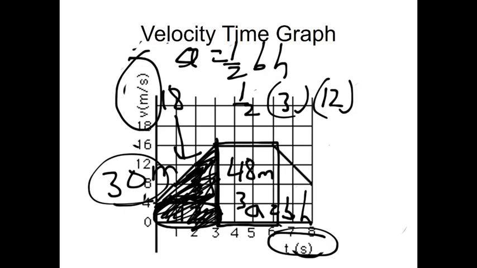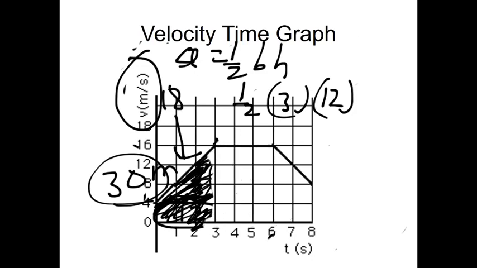We also could find the displacement between 6 and 8 seconds. To find that displacement, we need to find the area underneath this curve. So we're going to again divide this into a triangle on top and a rectangle on bottom.